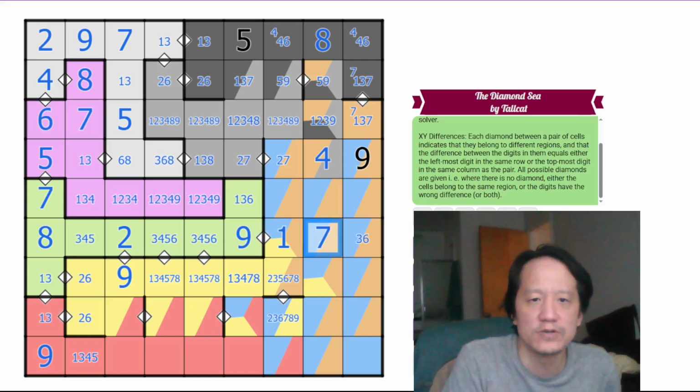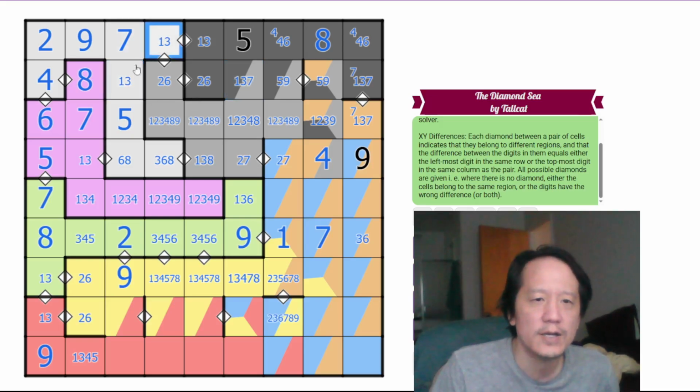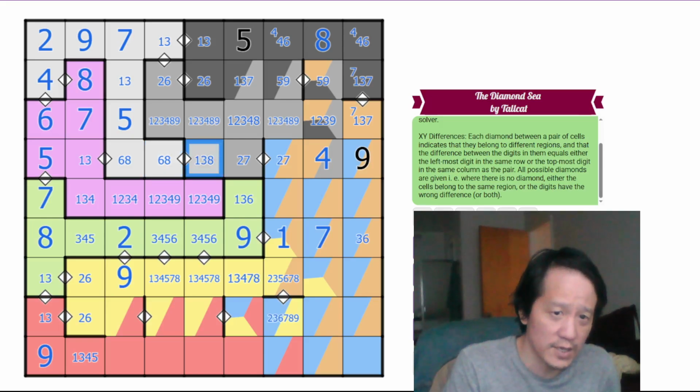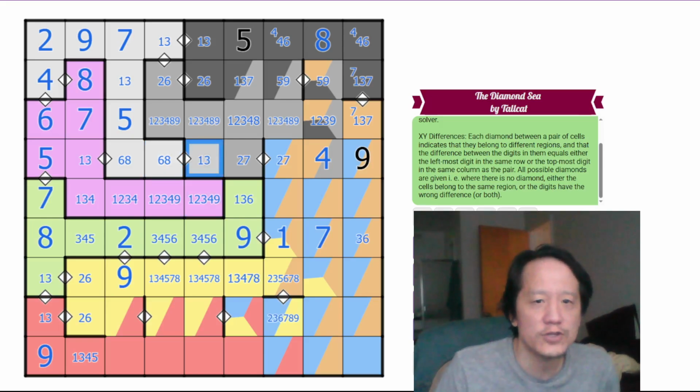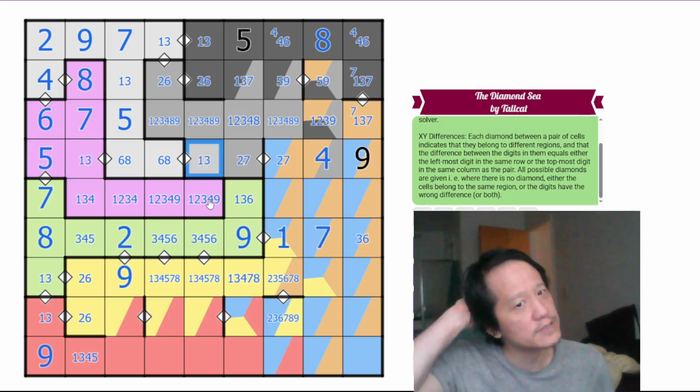It has to be here. So this is 7. This is a 5, 9 pair. We have 1, 3, 7 here. This becomes a 1, 3 pair here, which eliminates 1 and 3 in the rest of the region. So this can't be 3, which means this can't be 8 here. This becomes a 1, 3 pair here also then. Oh, that's interesting.